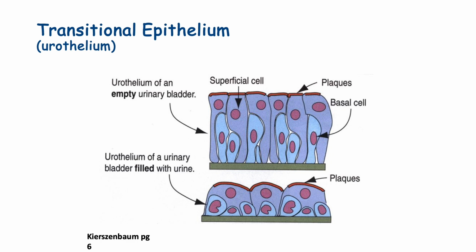Then a type of epithelium I didn't talk about in my first video was the transitional epithelium, also known as urothelium. This is usually found in the bladder, so the urinary system for that matter. Now they will transit between shapes due to the amount of urine that is in the bladder.